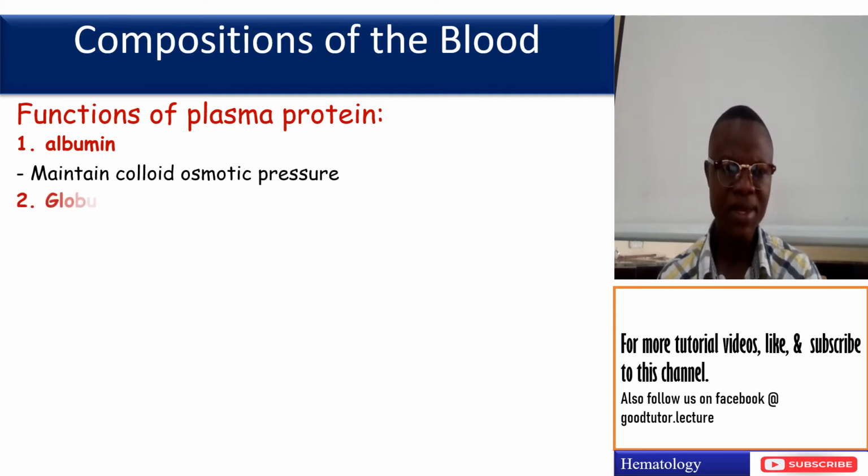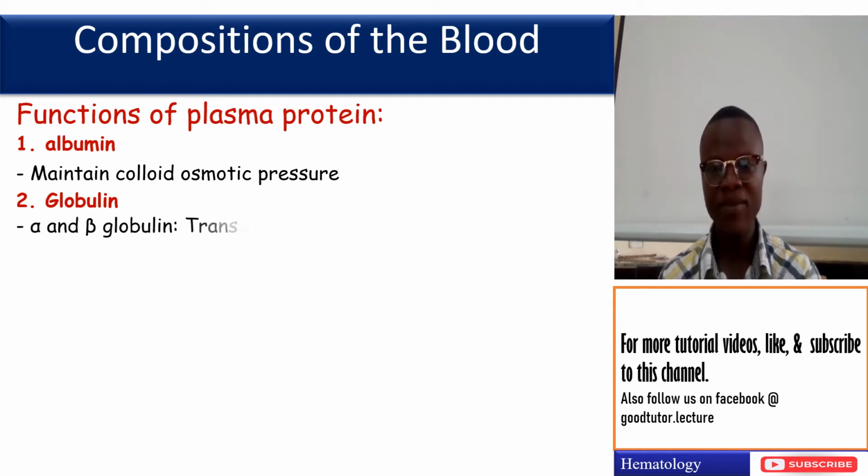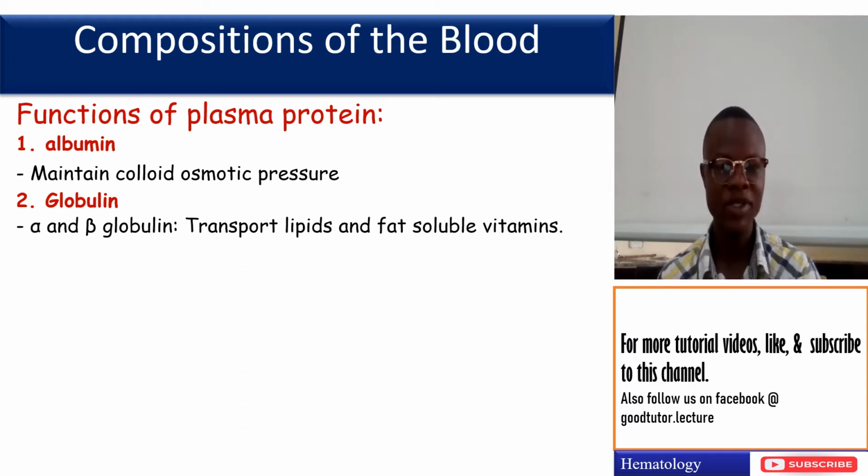Next, we'll look at the globulin. There are actually three types of this protein that are found within the blood. Two of these types, that is the alpha and the beta globulin, function in the transport of lipids and fat-soluble vitamins such as vitamin A, vitamin E, vitamin K, and so forth.